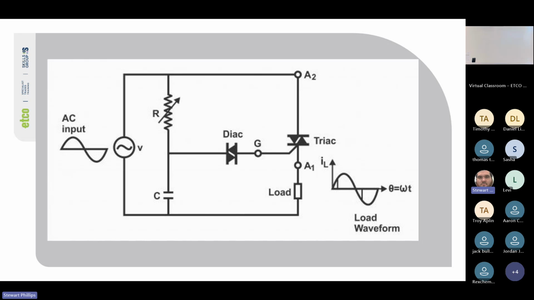So as we rotate the dial on our dimmer, it increases and decreases the resistance, increasing and decreasing the volt drop that's headed towards the diac rather than being wasted in the resistor. That diac then conducts and sends the signal to the gate of the triac, allowing current to flow through the load. And if we look at the load waveform, you can see it's starting to cut the leading edge of the waveform.